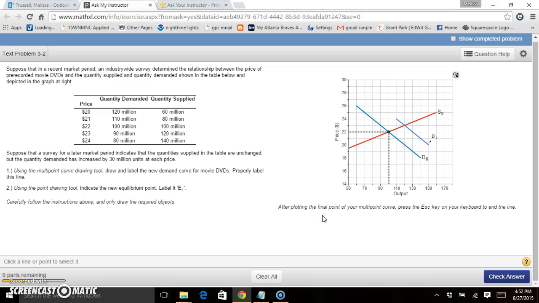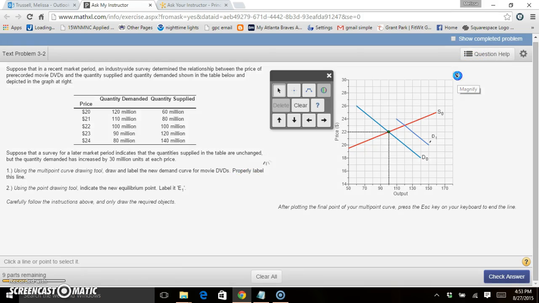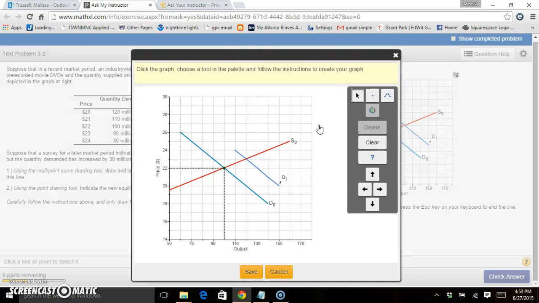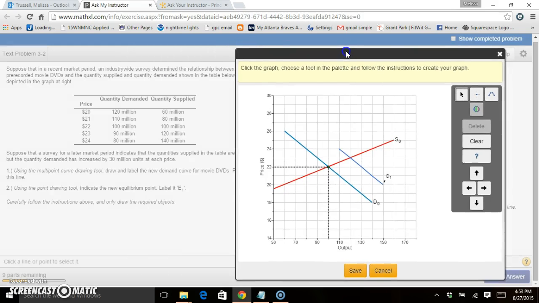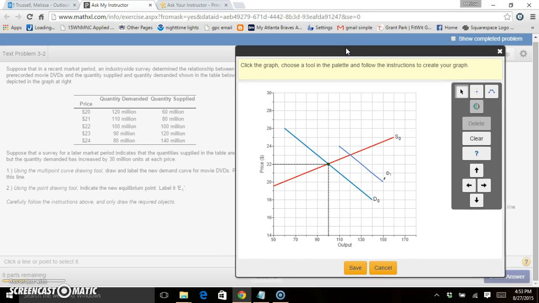Okay, and second, it wants me to use the point drawing tool to indicate the new equilibrium point and label it E1. So I'll pull up my big graph again. Where's the new equilibrium? Remember, equilibrium is wherever the demand and supply curves cross, where they intersect.